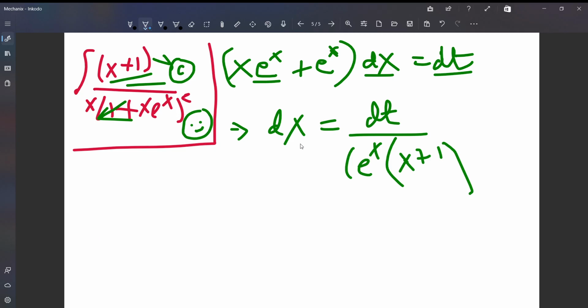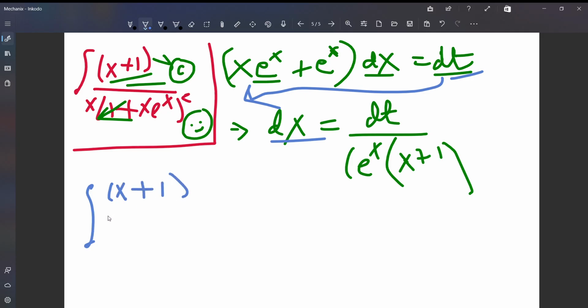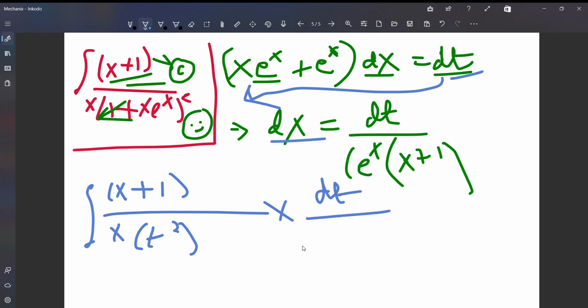So let us continue the solution, and let us substitute our dx and our t into the main equation of ours. So integral x plus 1 over x plus x e power x is t, so it's going to be t square, into dx is dt by e power x into x plus 1.